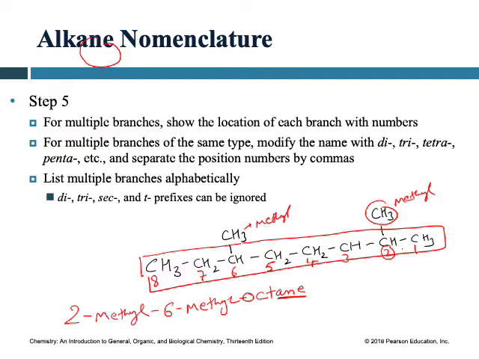So this is one way of writing. But if you have the same substituent, methyl in this case, you don't have to write 2-methyl 6-methyl twice. What you can do is just specify the locations. You have the substituent on the 2nd carbon, comma, you have the substituent on the 6th carbon, and it's the same substituent, methyl. So I can write methyl, but because you have 2 methyls, you have to use di.